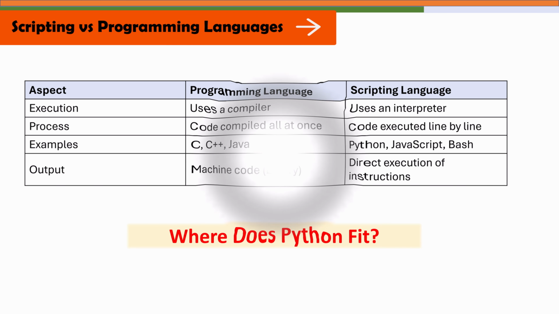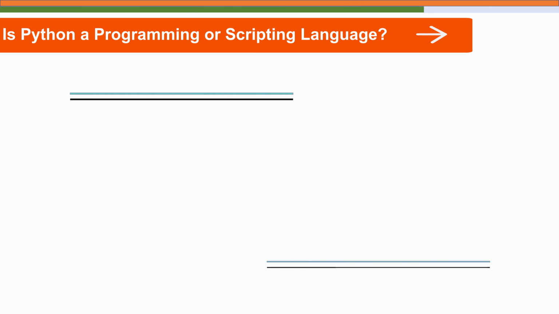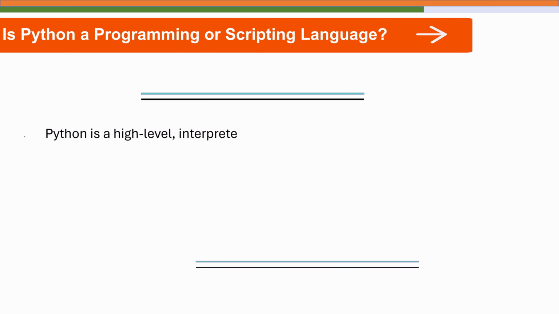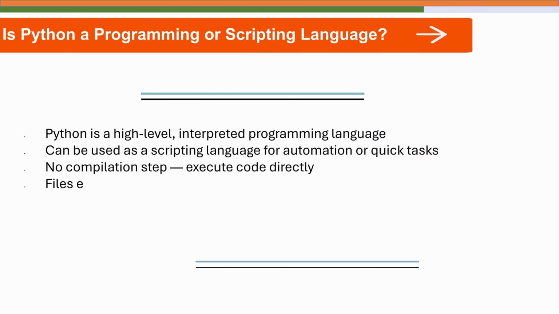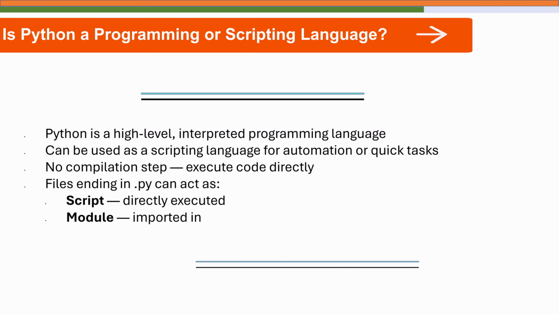So technically, Python is a high-level interpreted programming language, but in practice, we often use it as a scripting language when we write simple programs or maybe automation scripts that are executed directly. A Python file that is meant to be run directly by the user is commonly known as a script. In contrast, a file that defines reusable functions, classes, or variables designed to be imported by another file is known as a module.